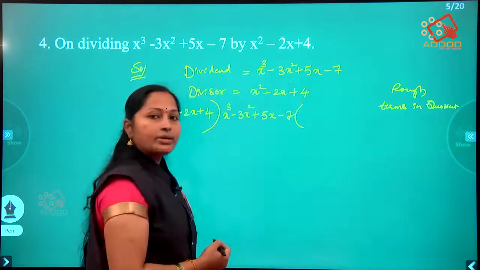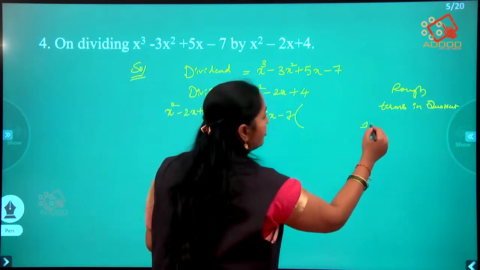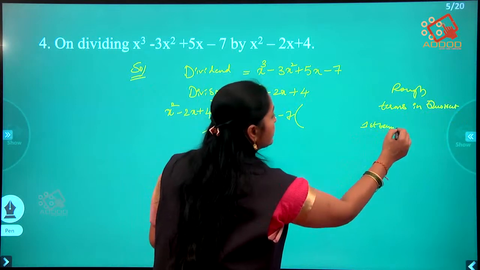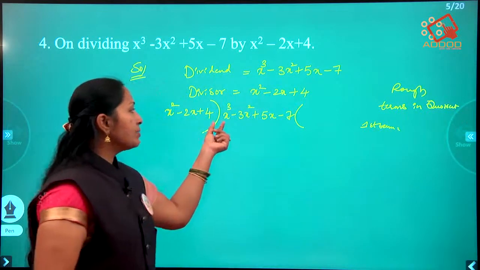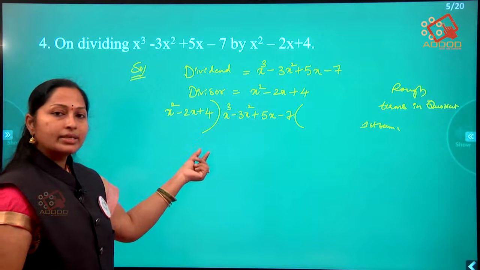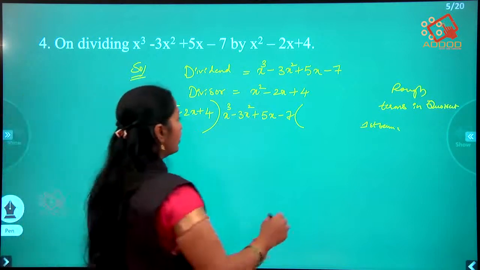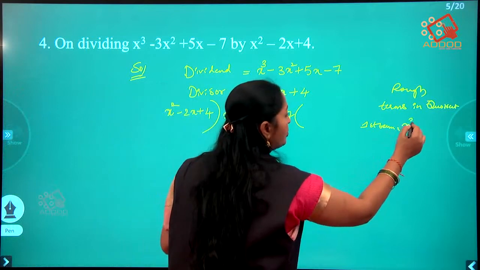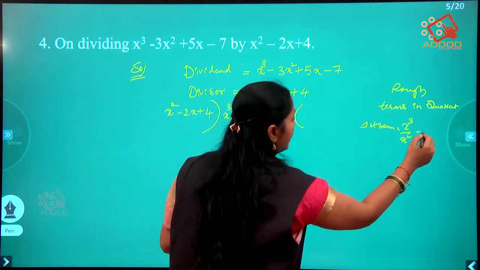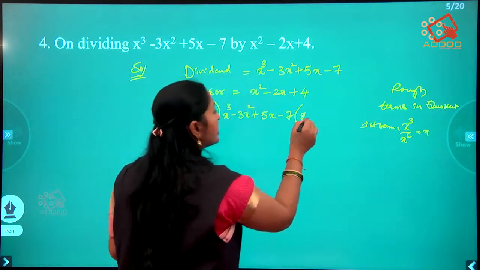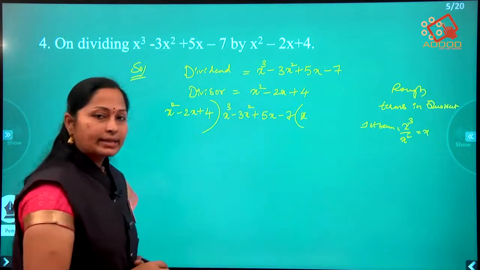So how to get the terms? Now let me check for the first term. It is the highest power term in the dividend divided by the highest power term in the divisor. So x cube by x square is x. So the first term in the quotient is x.